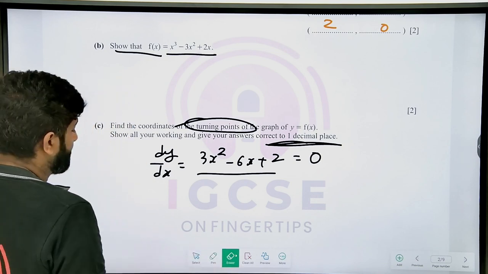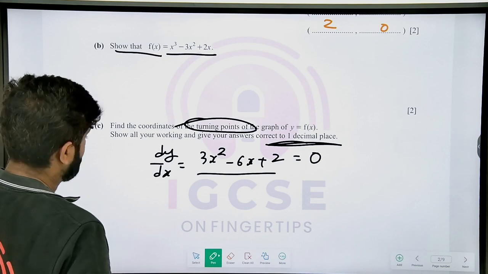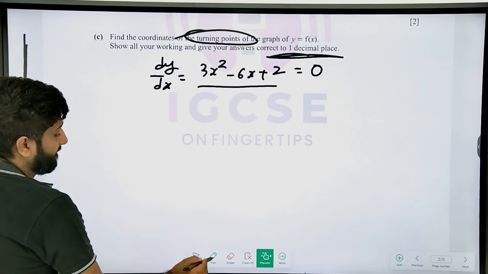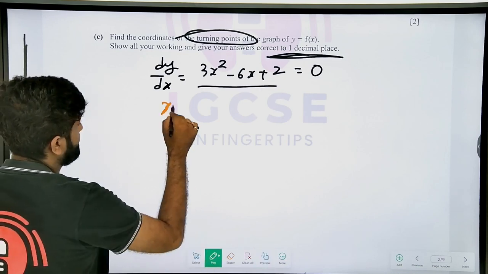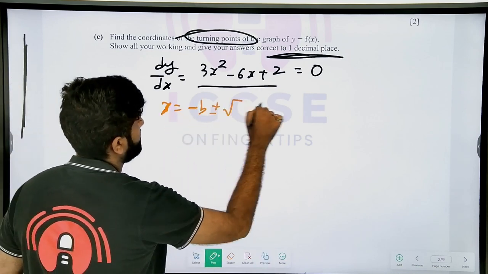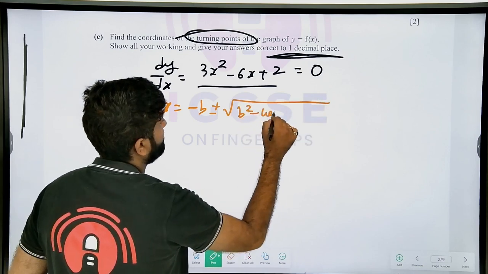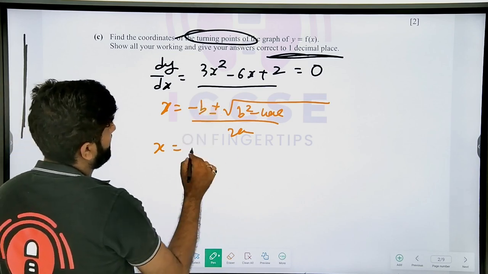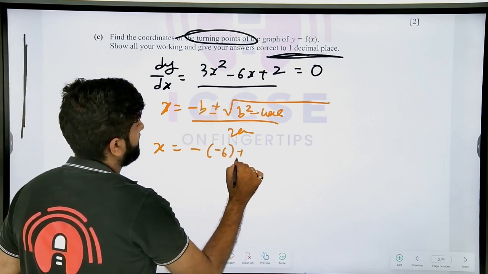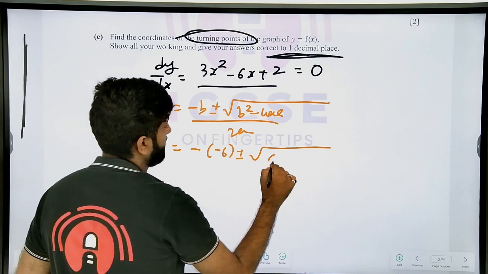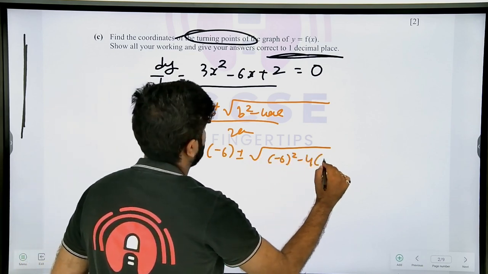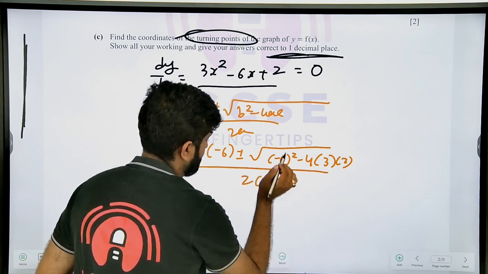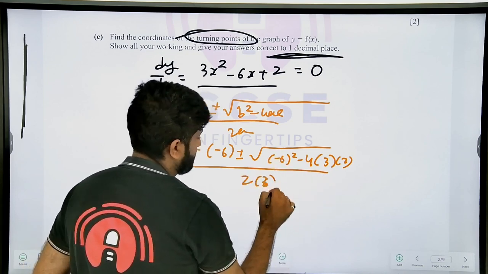Now what does the quadratic formula state? The quadratic formula states that x equals minus b plus minus root b² minus 4ac over 2a. So my x is going to be negative b plus minus root b² minus 4ac over 2 times a, that is 2 times 3.